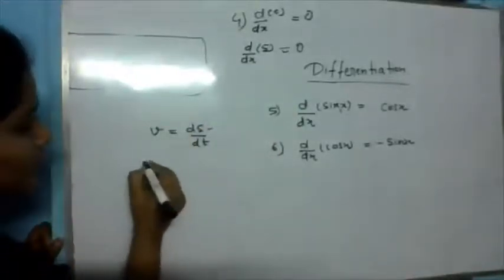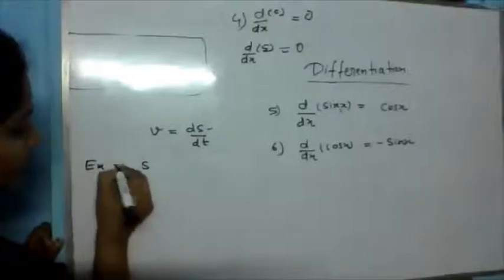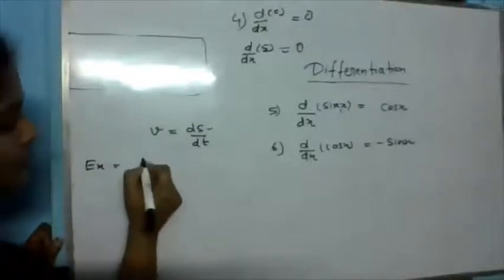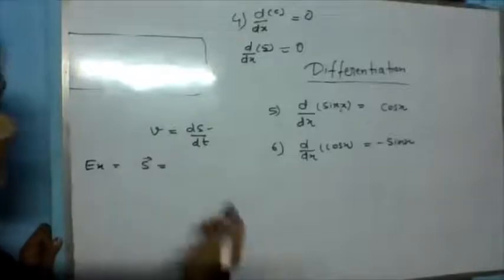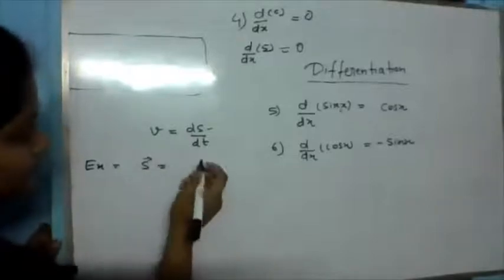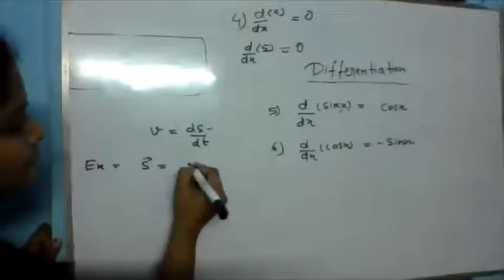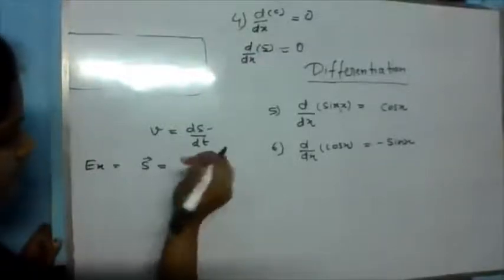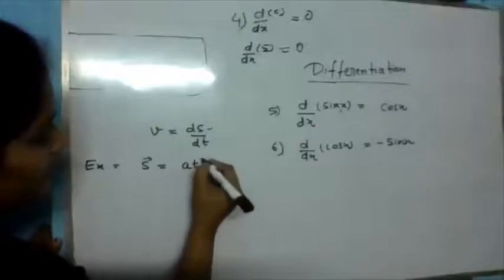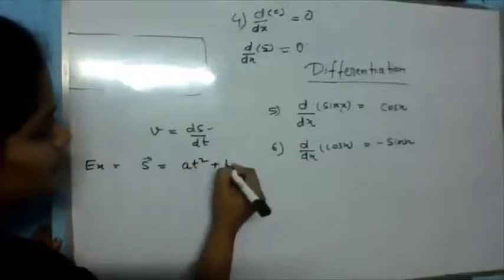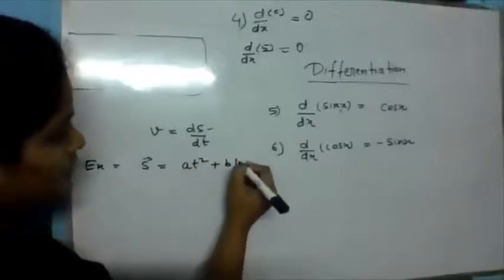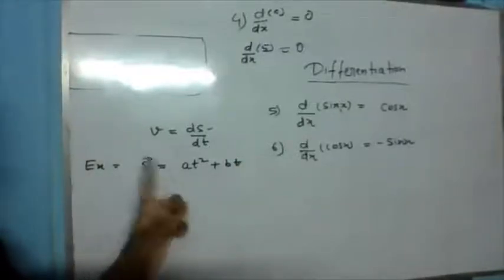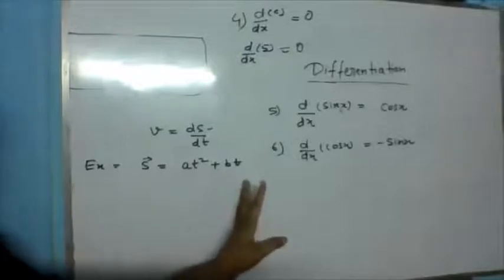If in any numerical, for example, I have a position vector, which is called displacement, in terms of time, like this: a t square plus b t. Okay, this is your position vector, a t square plus b t.